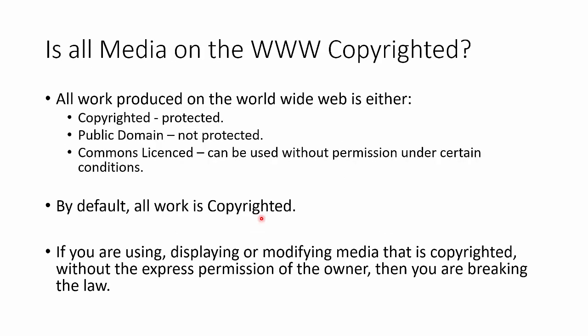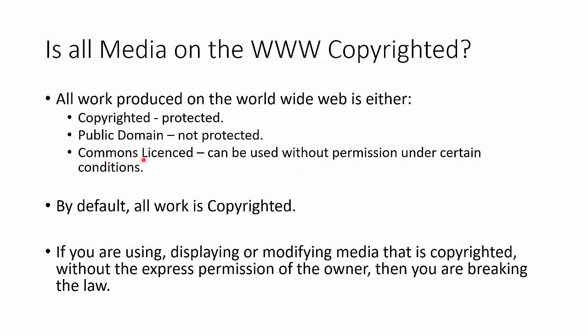So, is everything on the World Wide Web copyrighted? Well, actually, everything on the World Wide Web will fall under three categories. Number one, it's copyrighted, which means it's protected. Number two, it's public domain, which means it's not protected. Or number three, it's commons licensed, which means it can be used without direct permission under certain conditions.